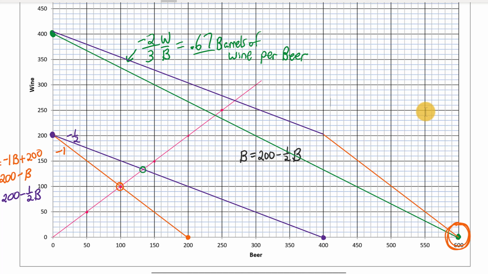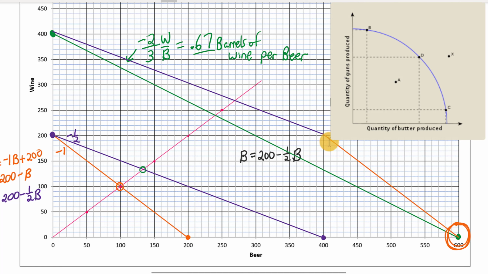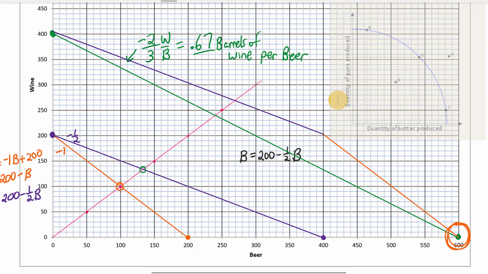What we are starting to see here is when we have two different kinds of resources, French workers and workers from the United States of America, who have different skills and different abilities, we start to see that bowed out shape away from the origin typical of most production possibilities curves.